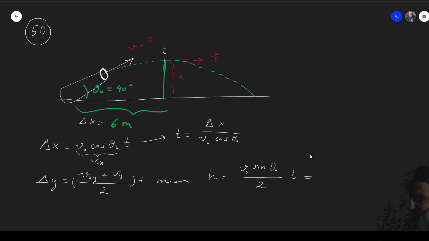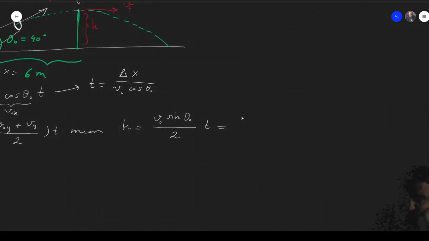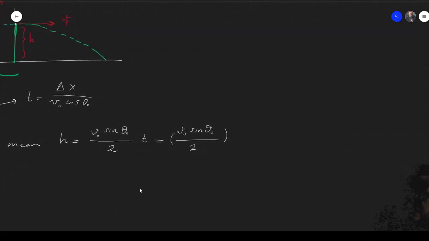So this becomes v naught sine theta naught over 2, which came from v naught y plus v final y, which is 0, times t.